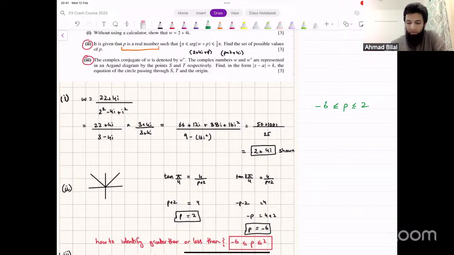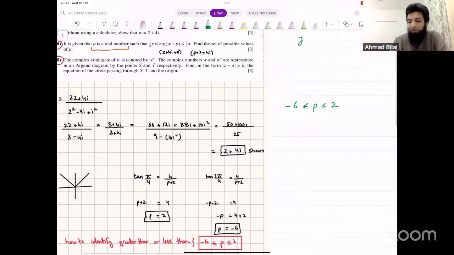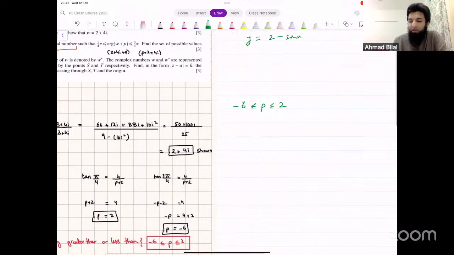No, that does matter because remember the standard form is Z minus something, right? So this would actually be W minus P. So that's why it's kind of reversing. It happens in range questions as well sometimes, right? So for example, if you remember trigonometric functions, if you have a function like y equals 2 minus sine of x, and you have to find the range of this function.